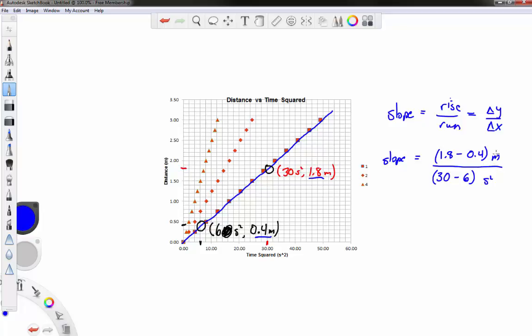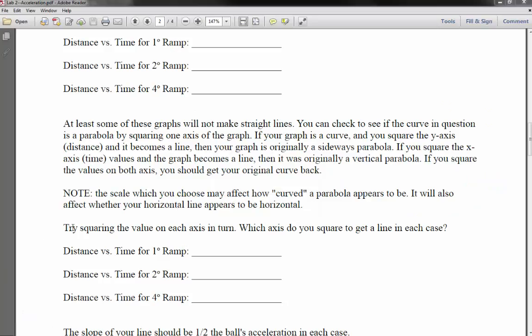So for the purpose of this problem, the question was, what's the unit of slope? Well, the unit of slope would be these units right here. So unit would be meters over seconds squared. So that is what the unit of slope should be. Notice that this unit is a unit of acceleration.